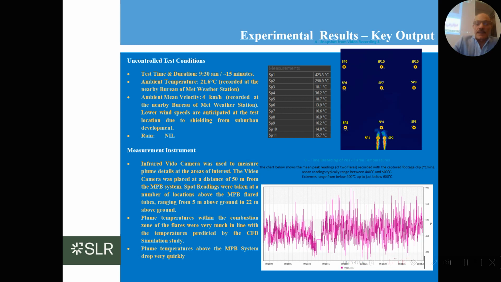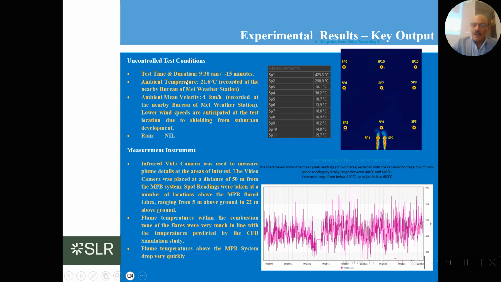Subsequently, a test was carried out for a similar mobile trailer system. There was, in fact, one little difference here. The distance between the center lines of the stacks was about 700 millimeters higher than that in the CFD model. And this is an uncontrolled test condition.